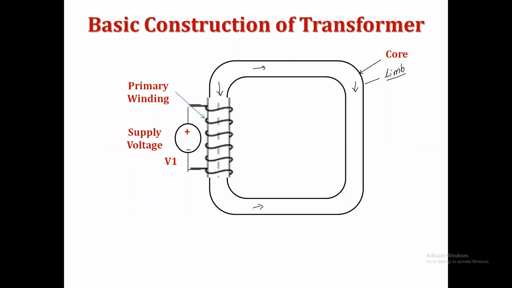Means the primary winding will receive the energy from the supply voltage. And the number of turns of the primary winding is N1.